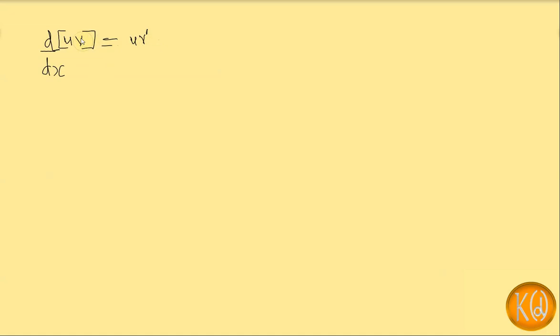So whatever the function is, you would just differentiate that and multiply it by whatever this function is, which is u, plus the second function v times the derivative of the first function. So this is one way you could remember it: the first times the derivative of the second plus the second times the derivative of the first.